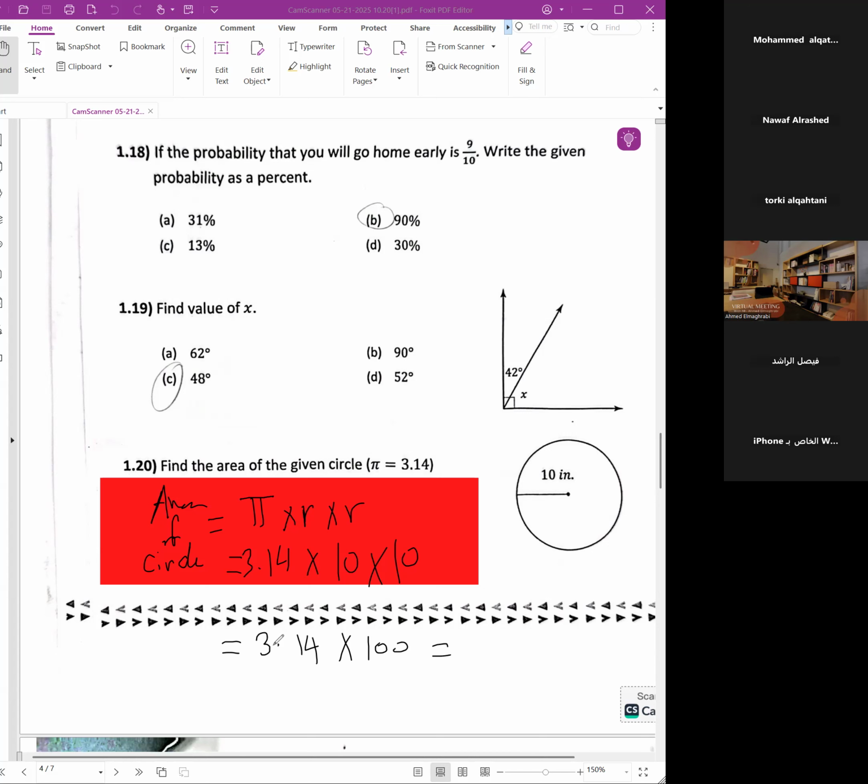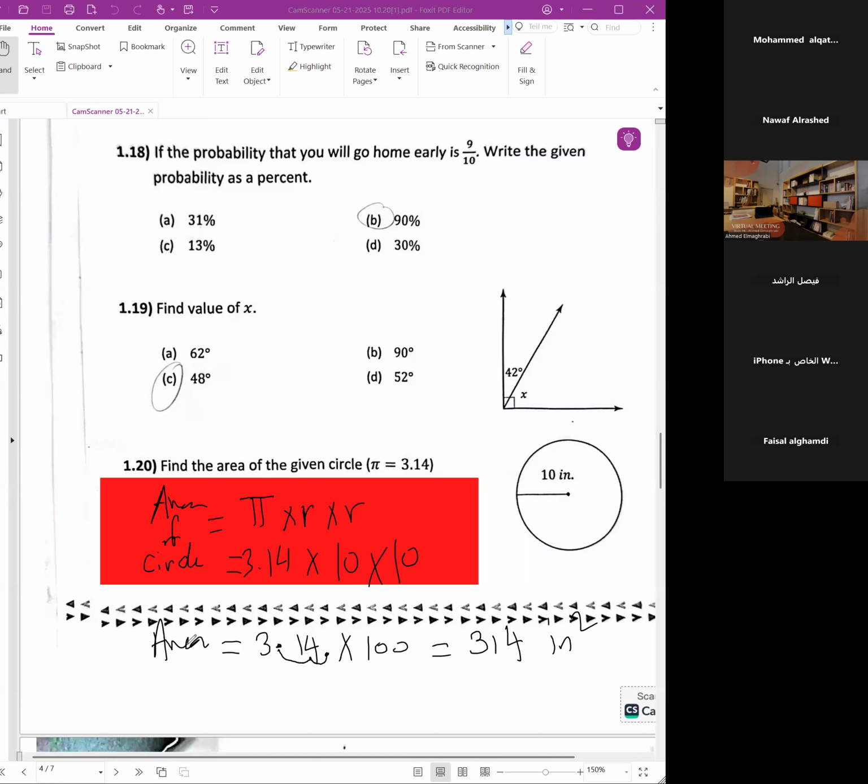If you multiply any decimal number by 100, move the decimal point 2 digits to the right. So the answer will be 314. Excellent, Hatan. 314 inches squared, because this is the area of the circle. Okay, next question.